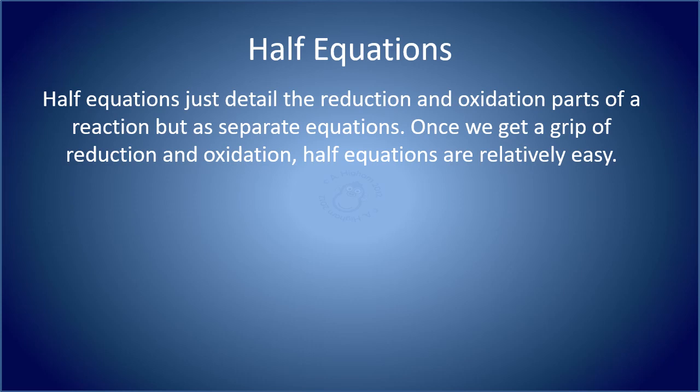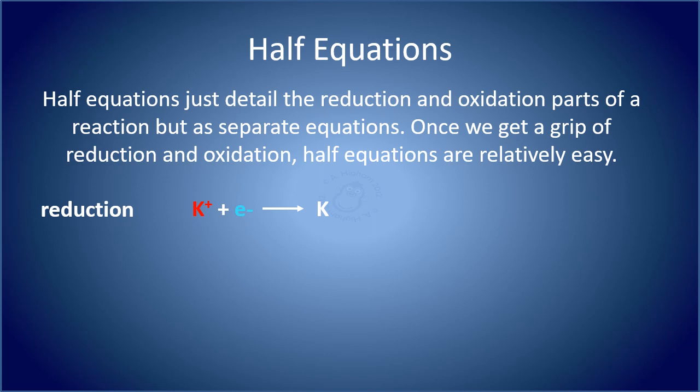And it goes back to this idea of reduction and oxidation. And if you remember your keywords and the definitions and the mnemonic, we remember reduction is gain of electrons and oxidation is loss of electrons. So here I'm going to use an example that we looked at first with the molten potassium bromide.